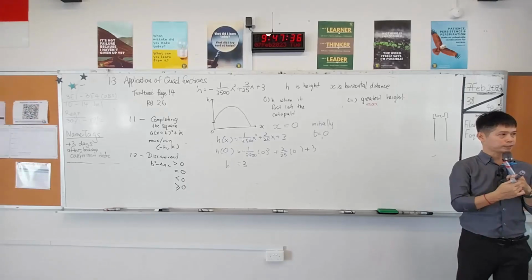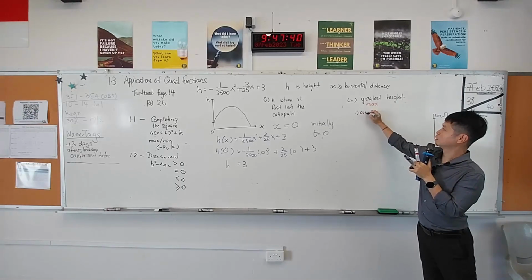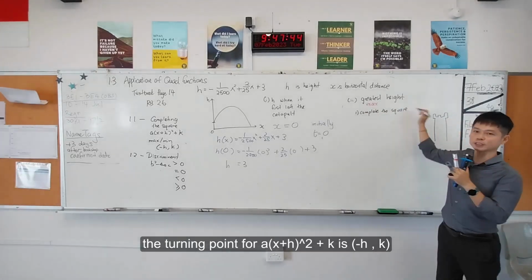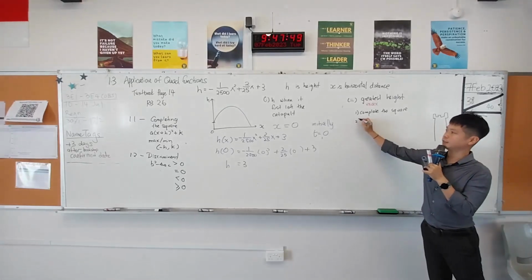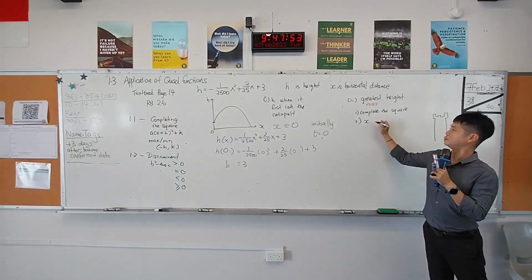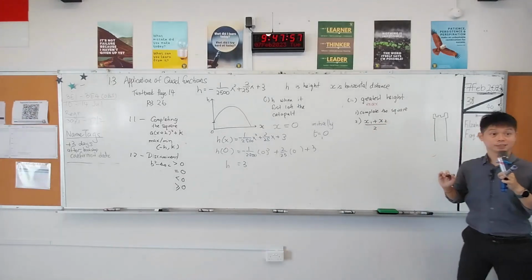There are two ways to solve this. The first way is method 1, we complete the square. From the completed square vertex form, straight away we can get the maximum point. The second way is we want to find the x values and we find the midpoint.